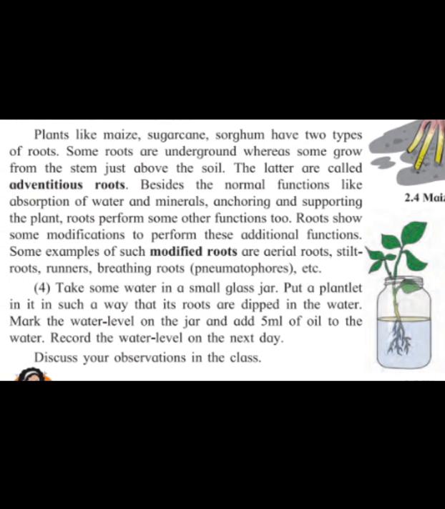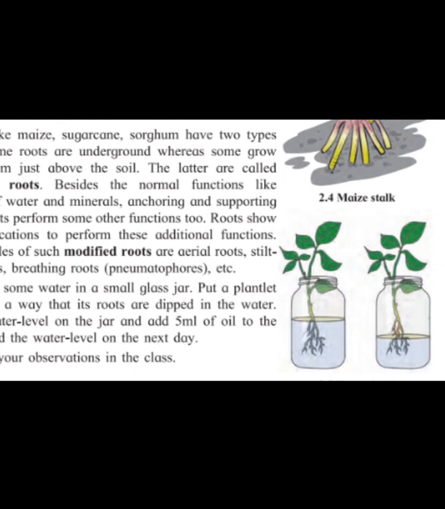Plants like maize, sugarcane, and sorghum have two types of roots. Here, in figure 2.4, you can see the stalk of a maize, right?